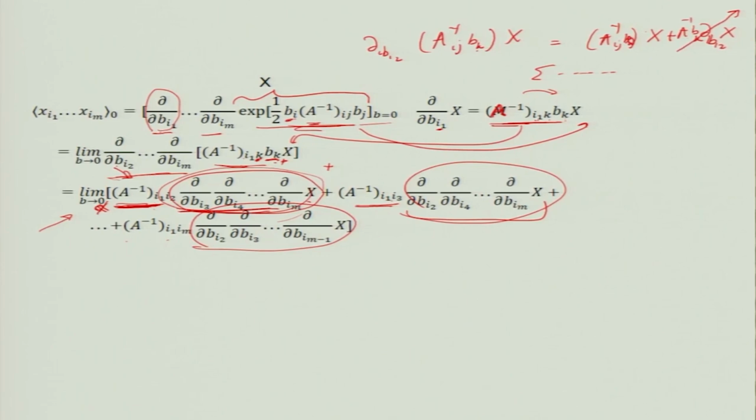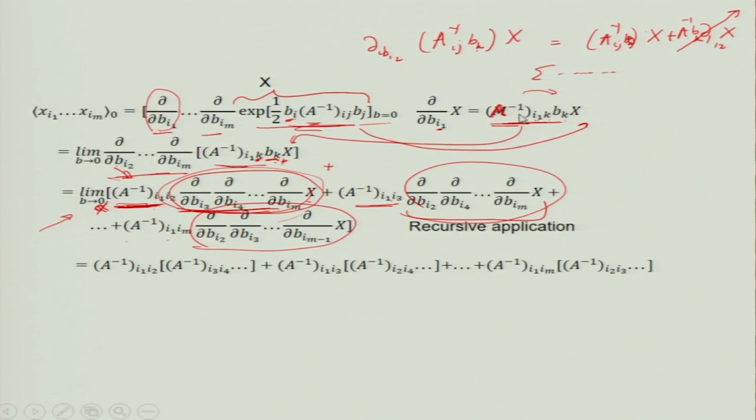So you just follow the same steps, and we keep taking the b going to 0 limit where we don't need to do derivatives anymore. For example, I was saying here that this guy is going away. And then you just follow this. Then we will get all the products.